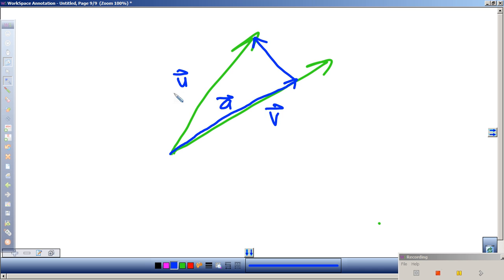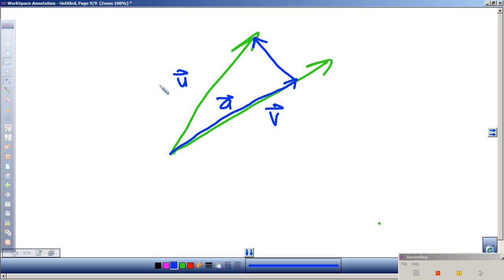Except instead of just being in x and y, it's at any angle. That's what makes it more complicated. Thankfully, we've got a nice formula. How much of u goes in the same direction as v? Any vector we want can be divided into 2 or more vectors.